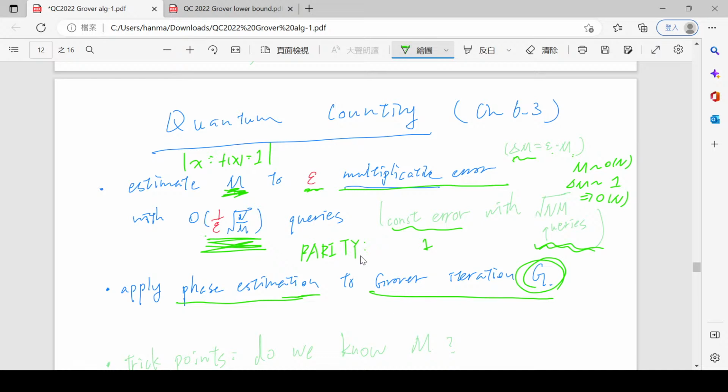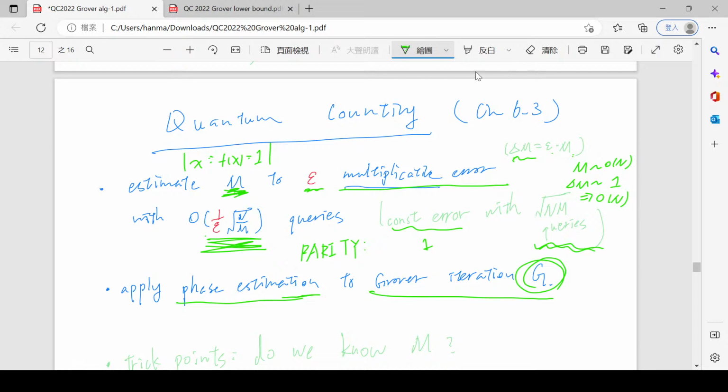It can be proven with an omega n lower bound. If you want to know if m is an even number or odd number, that's already very hard. This is slightly easier than counting, but anyway.